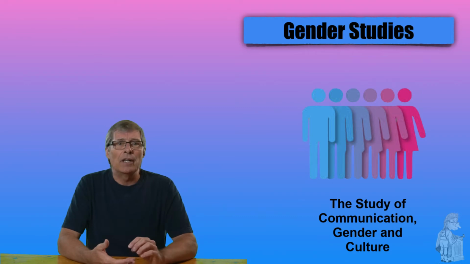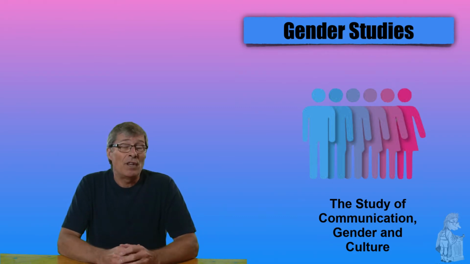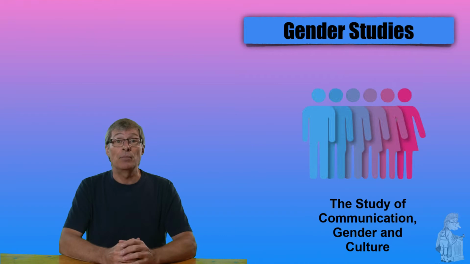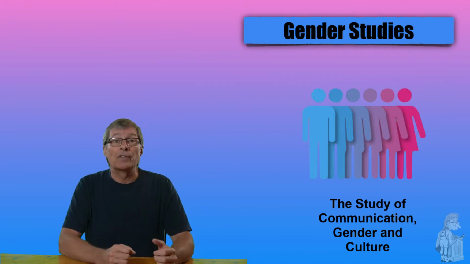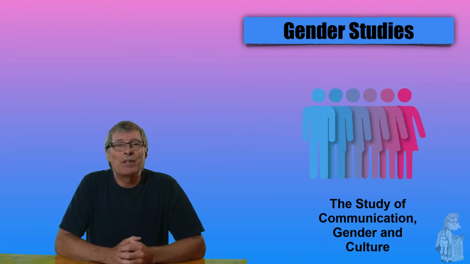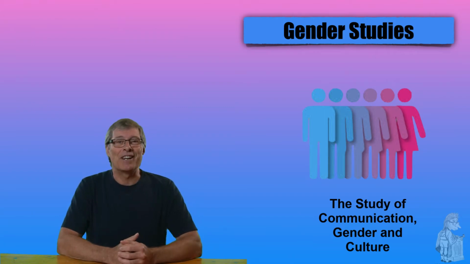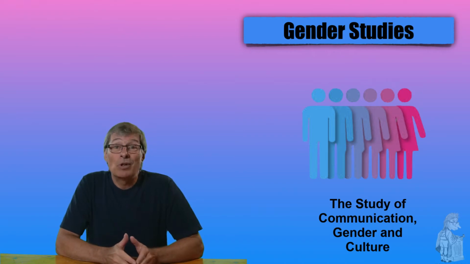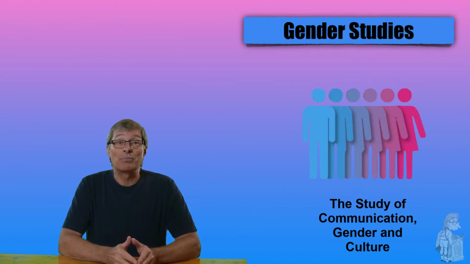Research on communication and culture has been ongoing for some time. However, it wasn't until the 1980s that gender and communication and culture has been growing as an interdisciplinary research field. In 2006, the first handbook on gender and communication was published.